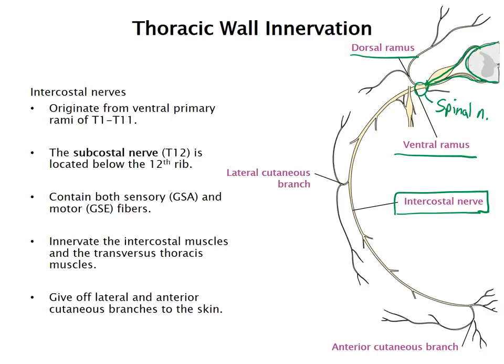Not only do intercostal nerves supply motor innervation to the intercostal muscles, but they also carry sensory information from the skin. Notice the lateral and anterior cutaneous branches of the intercostal nerves. These nerves are carrying sensory information from a certain area of skin that we'll refer to as a dermatome.